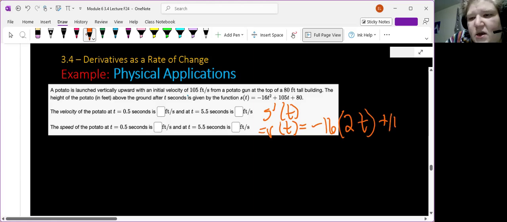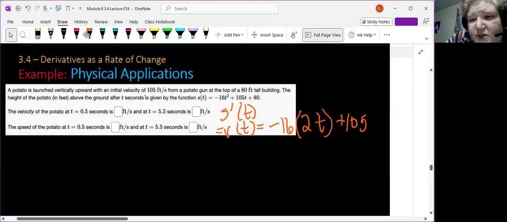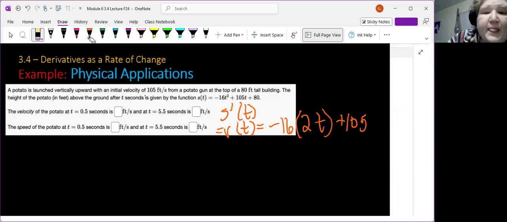Plus 105, that is t to the first. So that would technically come down as 1 times t to the 1 minus 1, which is 0. T to the 0 is 1. 1 times 1 is 1, times 105 is 105. And then 80 is a constant flat line, so the derivative of 80 is 0.